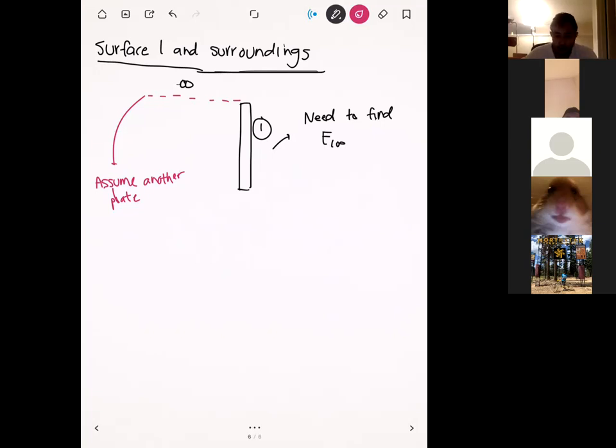And so just for the sake of radiation, we can consider it another plate, okay? And if that's the case, then we have the exact same situation as the first part of this problem, okay?